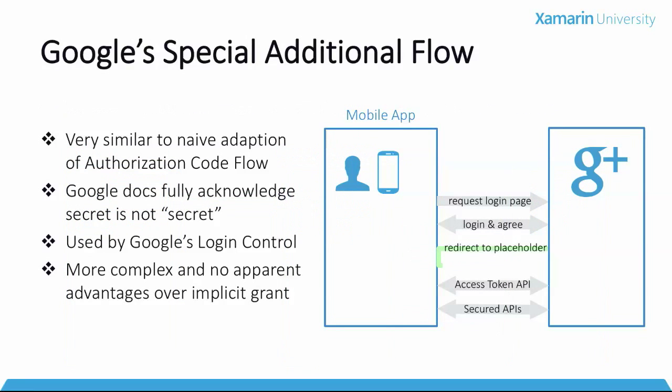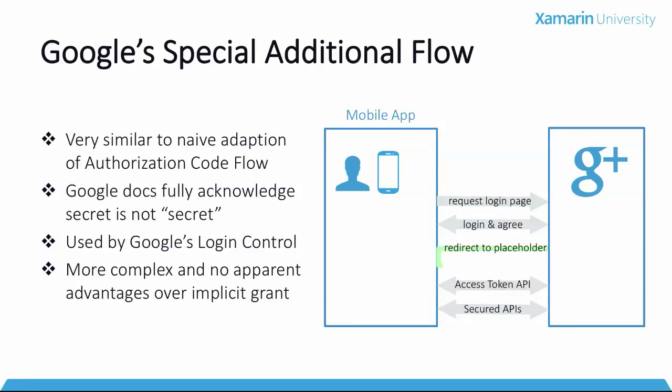And finally, just to make a liar out of everything else that I already said, it turns out Google has one additional grant type, one additional workflow that looks exactly like the bad way to do authorization code grant, where they actually have you put your secret right on the mobile device. Well, this is very specific to Google, and they fully acknowledge in their documents that the client secret is not secret in that scenario.